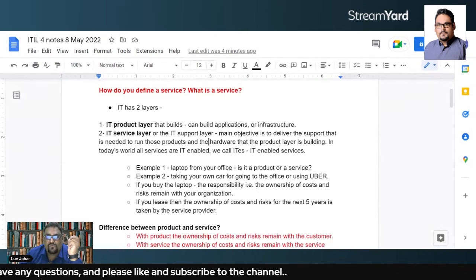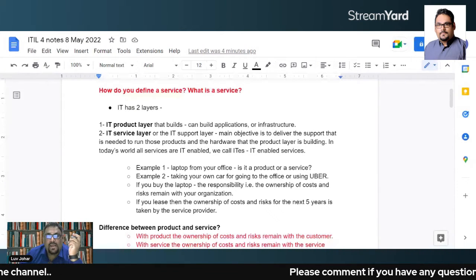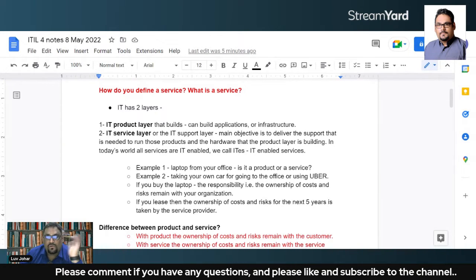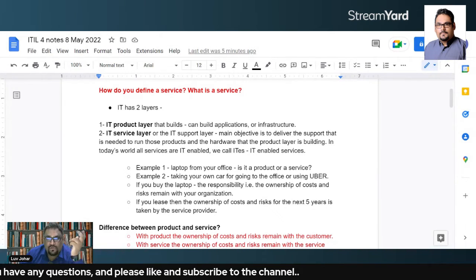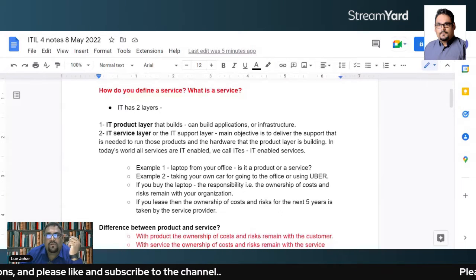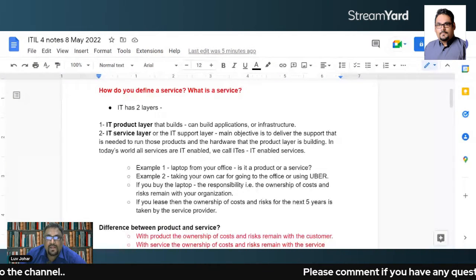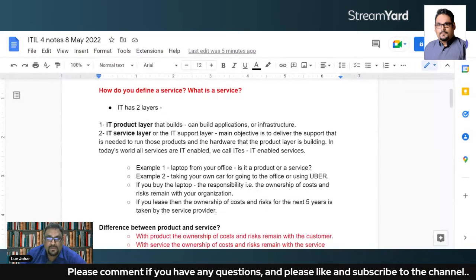It is similar to the case of Uber. Taking your own car to the office means having the headache of parking and making sure the car is safe. With Uber, there's no need to hassle about anything. Just take Uber and go wherever you want, without worrying about parking or space to park the car. You just have to pay the Uber cost for the travel.